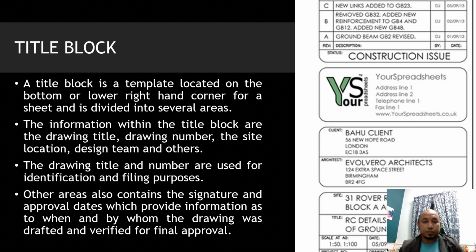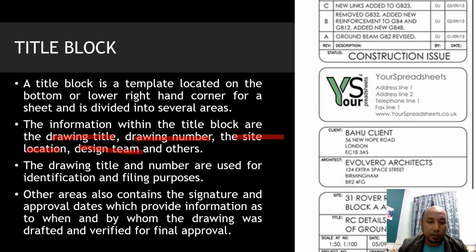Title block. And so we go to the title block. A title block is the template located on the bottom lower right hand corner of the sheet and divided into several areas. The information within the title block are the drawing title, drawing number, the site location, design, and others.